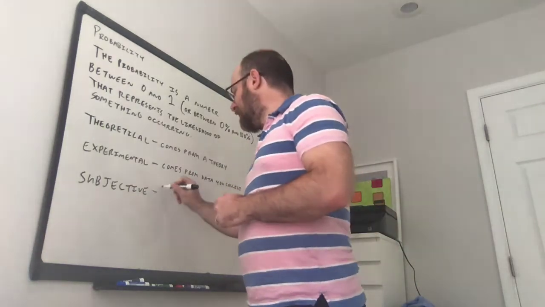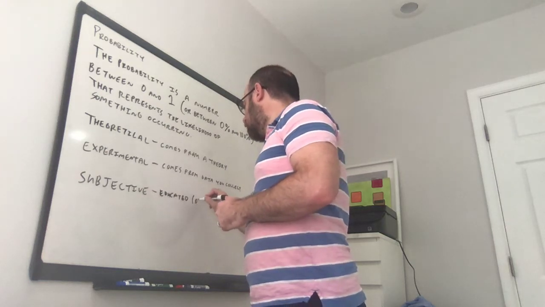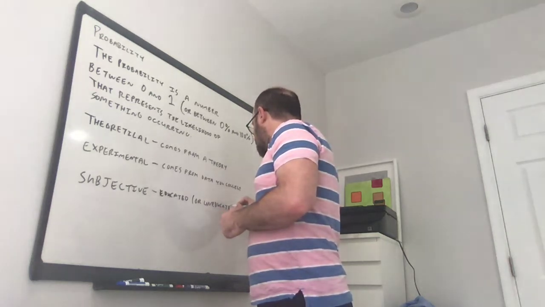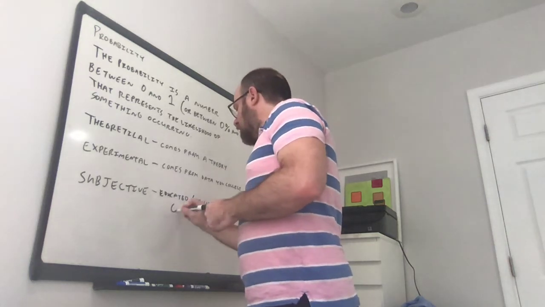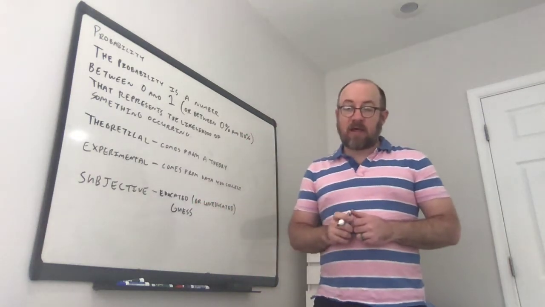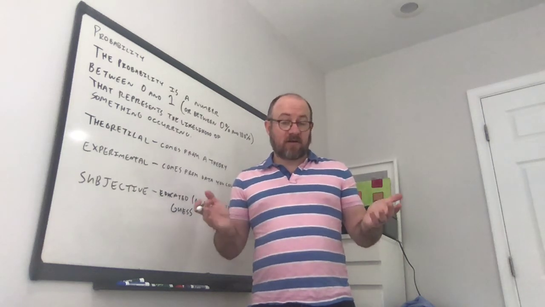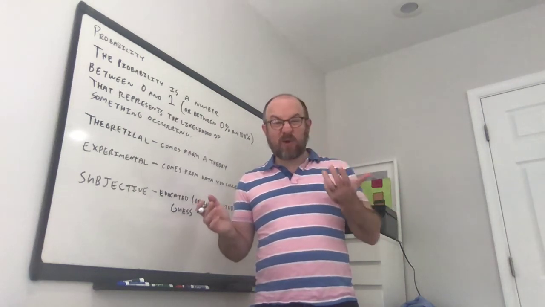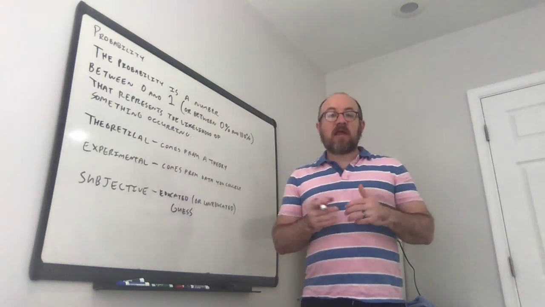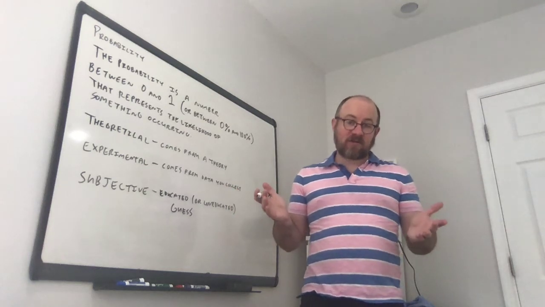The last one here, subjective probability, is an educated guess. Well, educated or uneducated guess. And you hear subjective probability a lot. For example, if you go to the doctor with a runny nose and a headache, the doctor might say, I'm 99% sure that this is just a cold and that you just need to rest, right?